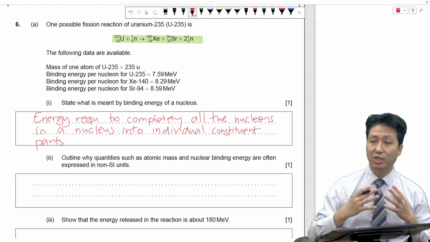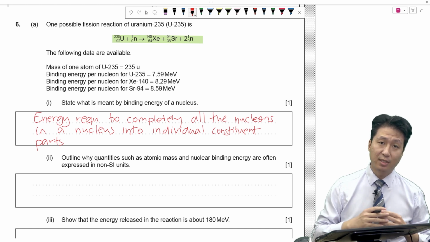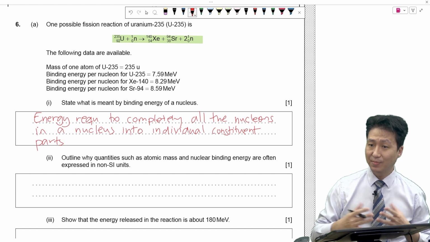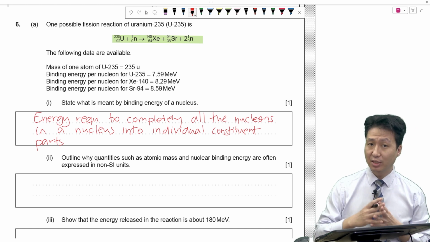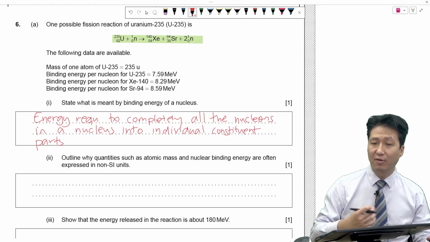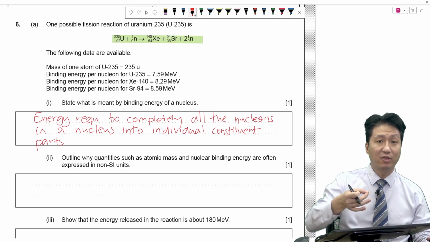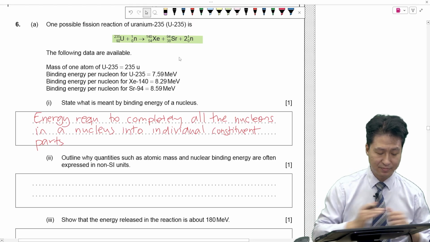So basically, it's how much energy you need to completely separate all the protons and neutrons. Otherwise, you can say that it is the energy released during the formation of the nucleus, which amounts to the same thing. If it was released when it was made, you have to give it the same amount of energy to separate them again.